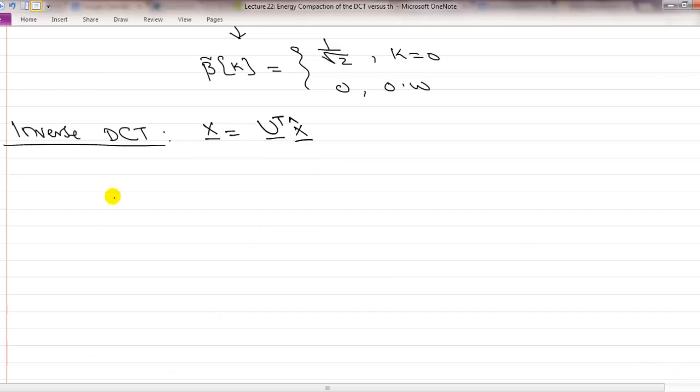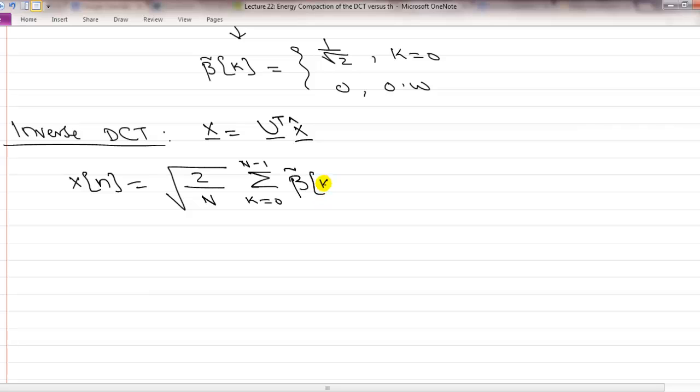So we can write that entry-wise: x of n is equal to square root of 2 over N, summation k equal to 0 to N minus 1, beta tilde k, x hat of k, cosine of pi k (2n plus 1) over 2N.